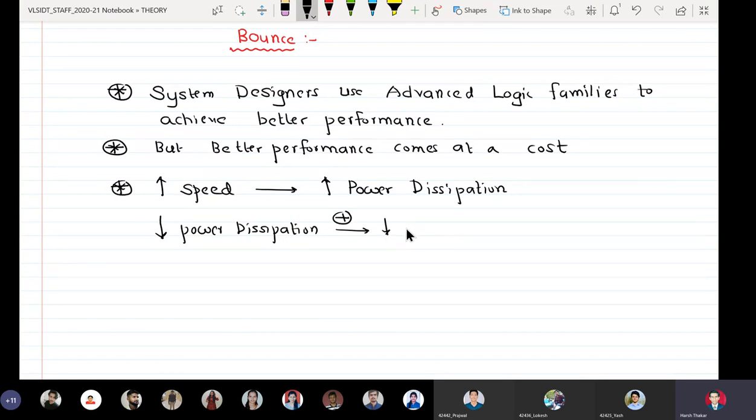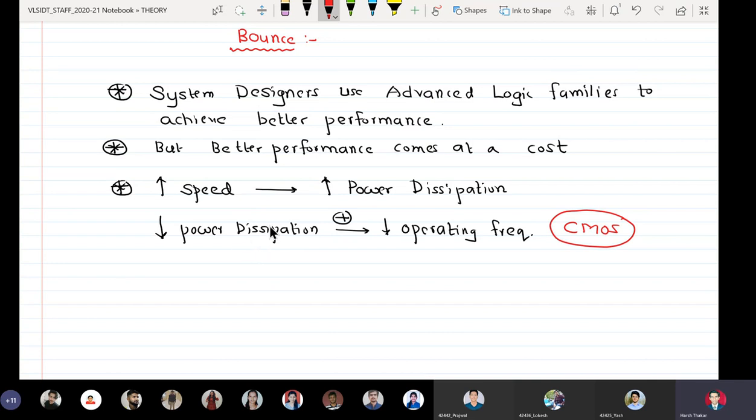Especially this is the case with the CMOS logic family, because CMOS is very famous for very low power dissipation, but its operating frequency is low. So depending on the application, if we want very low power dissipation, we should pay the price of lower operating frequency.